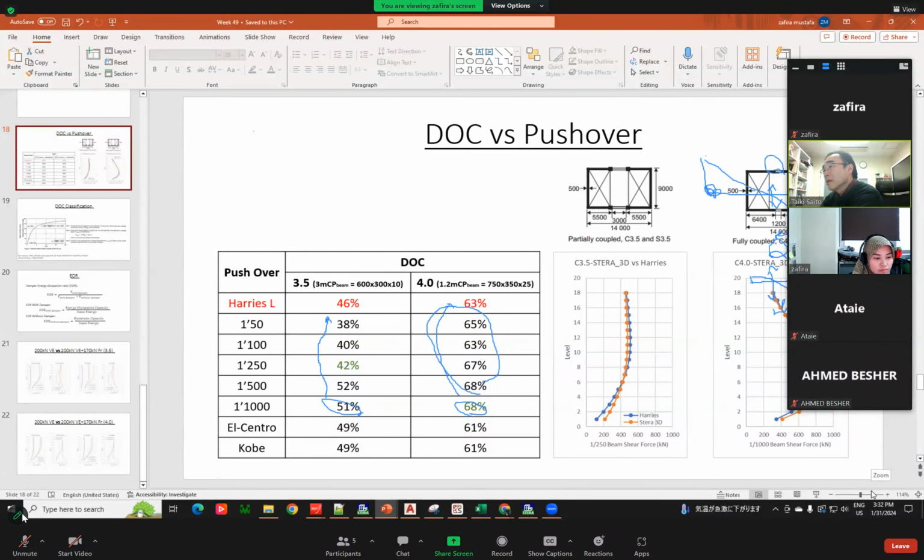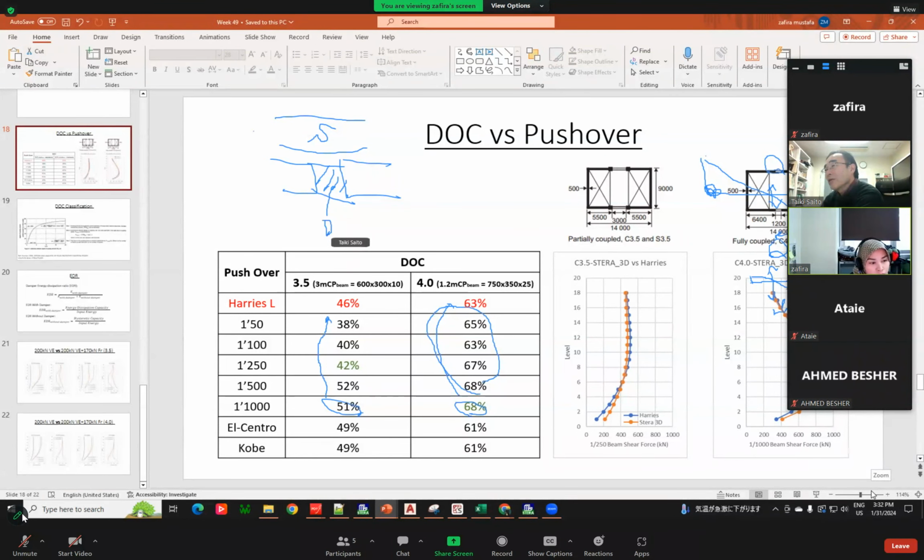Okay, so how to say? If you put the damper in the middle, the beam is weaker compared to a genuine steel beam because you put the damper in the middle.